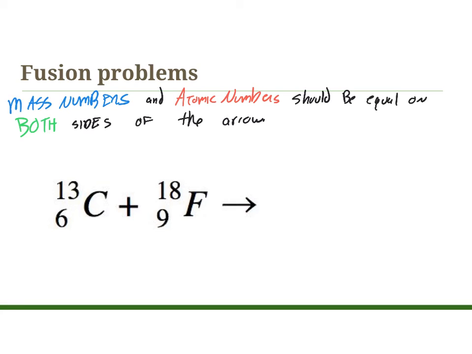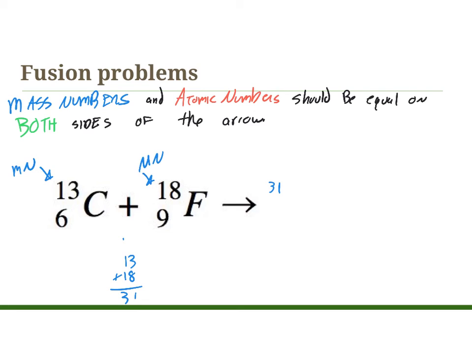Okay, so taking a look at what we've got going on here, I see that the mass number for carbon is 13. The mass number for fluorine is 18. And so when I take 13 plus 18, because those mass numbers have to be the same, I get 31.